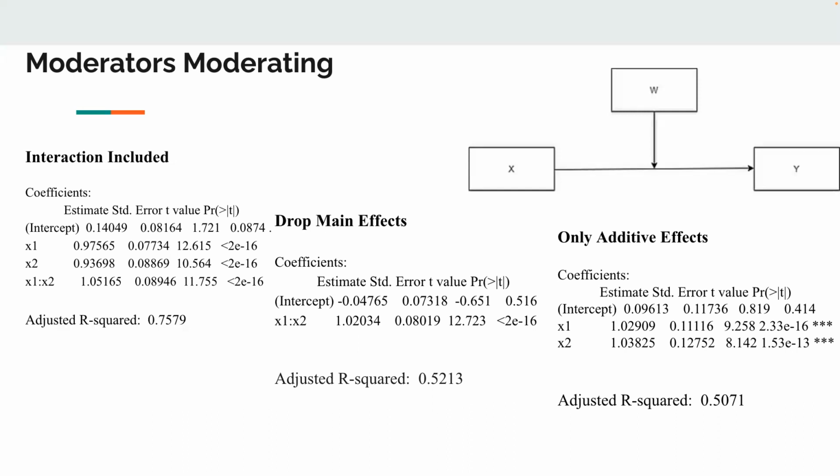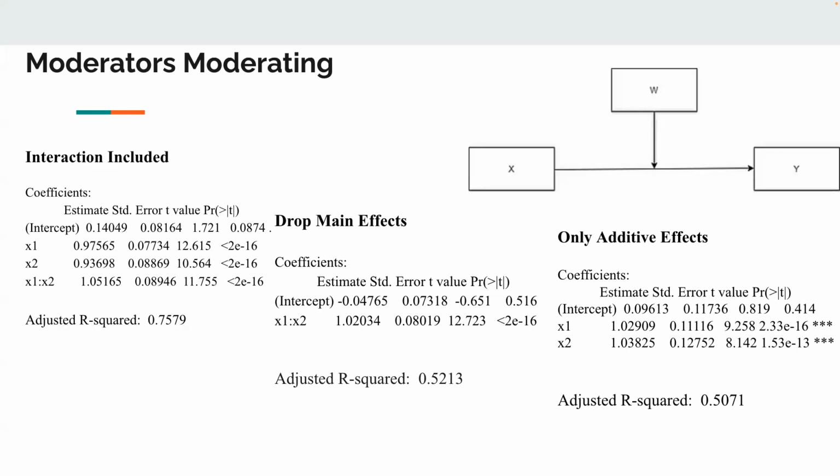More technically speaking, a moderator is a variable that affects the relationship between an independent variable and a dependent variable. It influences the strength or the direction of this relationship. So that's the key. The moderator variable is included in this regression model as an interaction term with an independent variable.